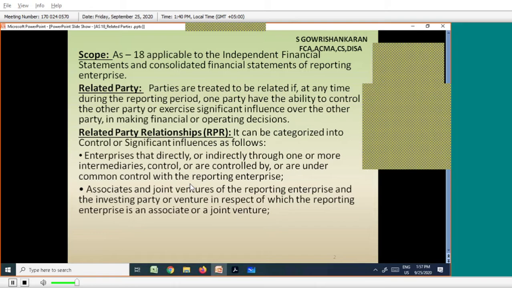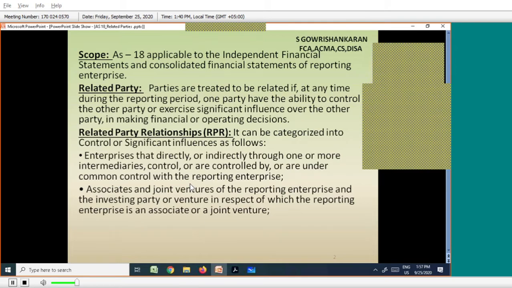So the next point. The first bullet point is companies having control in another company. The second point is joint venture associates. The third point is individuals. Individual means a single person. Individuals owning directly or indirectly an interest in the voting power of the reporting enterprise that gives them control or significant influence over the enterprise, and relatives of any such individual.